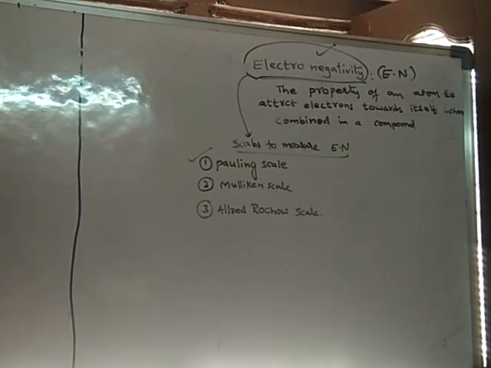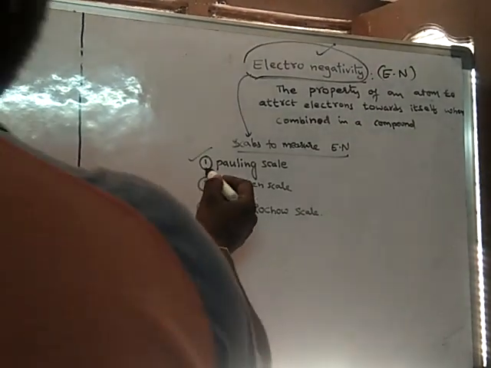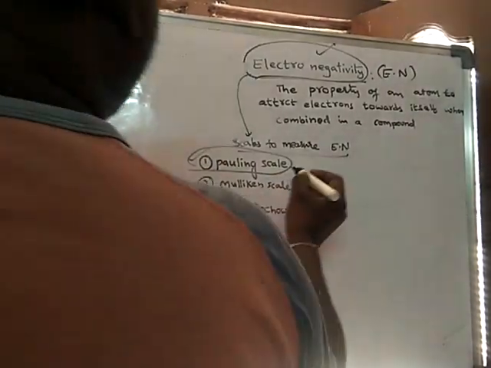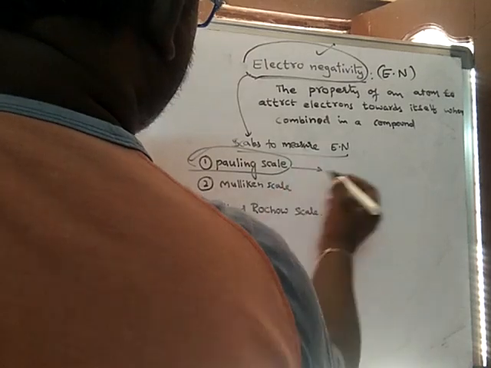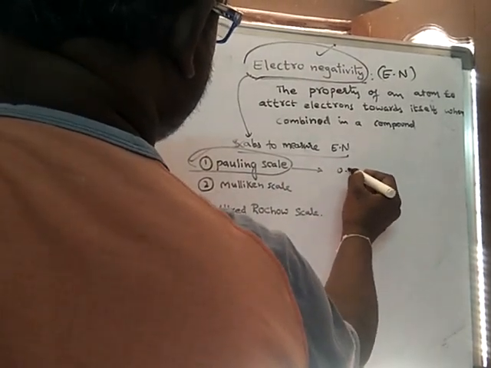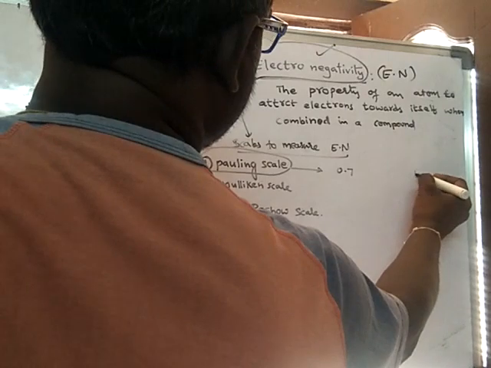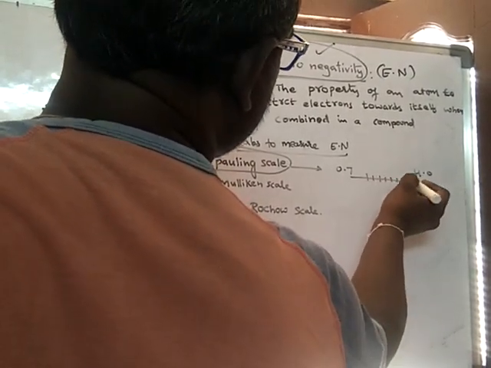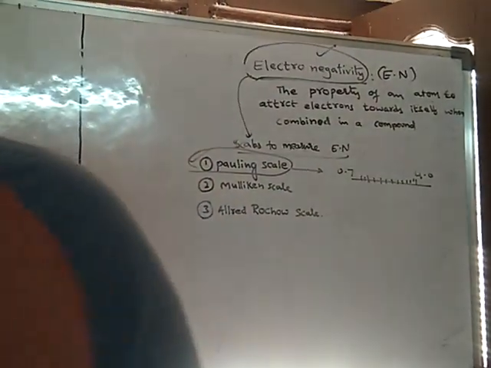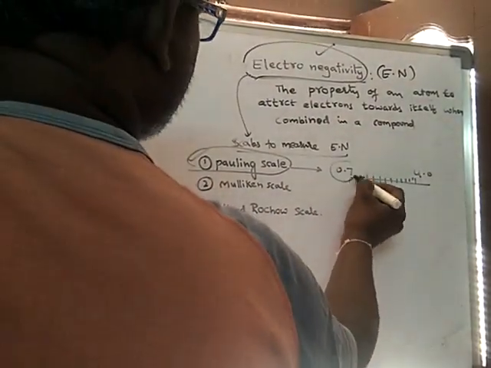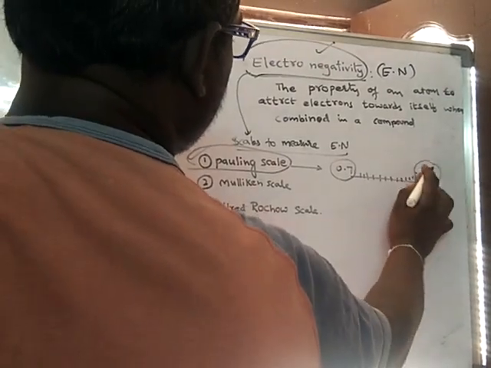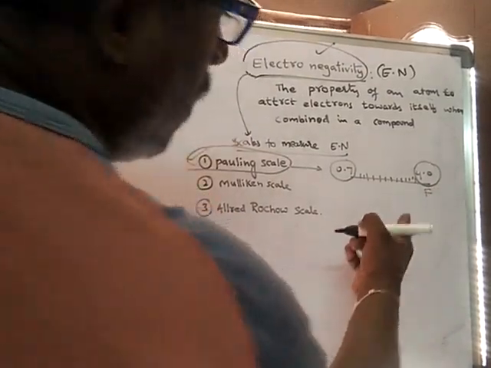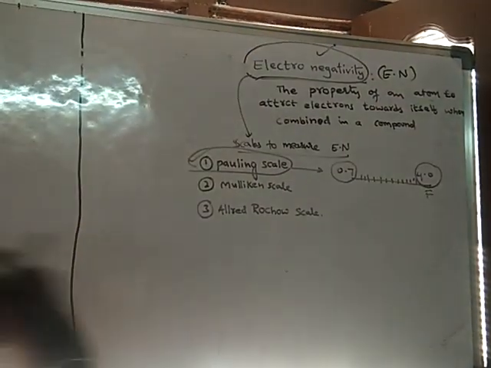Generally, in all the books, we will use the values of the Pauling scale only. According to the Pauling scale, the minimum electronegative value is 0.7 and the maximum electronegative value is 4.0. In between there are so many values. The element fluorine possesses the maximum electronegative value among all elements in the periodic table.